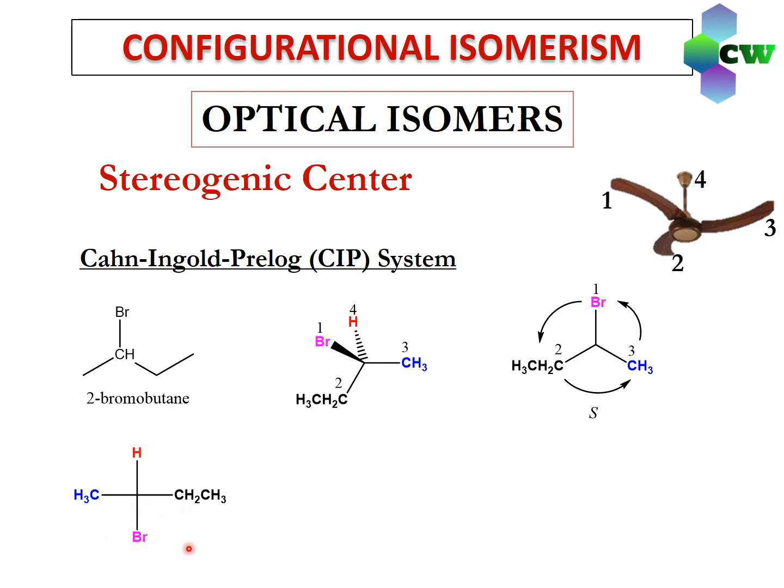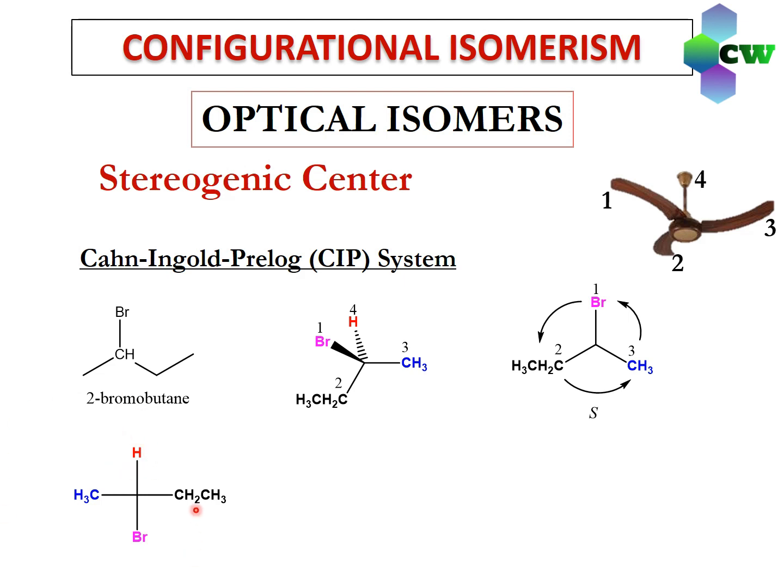And you already know from a Fisher projection that anything on the horizontal axis means it is projected in front of you, or it is projected towards you or above the plane, and anything on the vertical axis is behind the plane or projecting away from you. And the second rule for determining this absolute configuration through the CIP rules is to orient or draw the molecule in such a way that the lowest priority group is behind the plane.